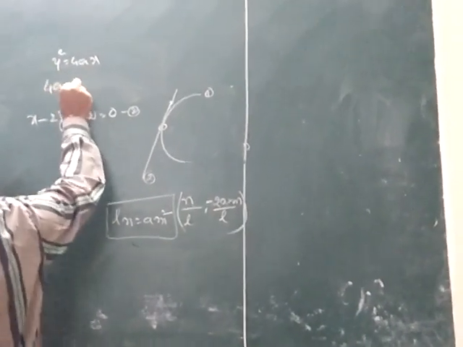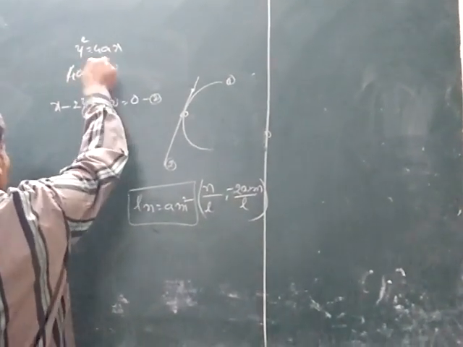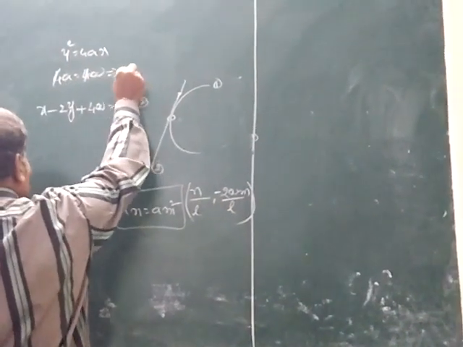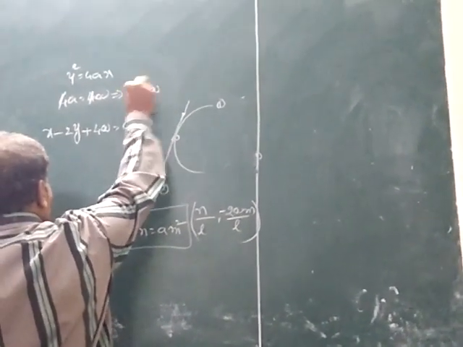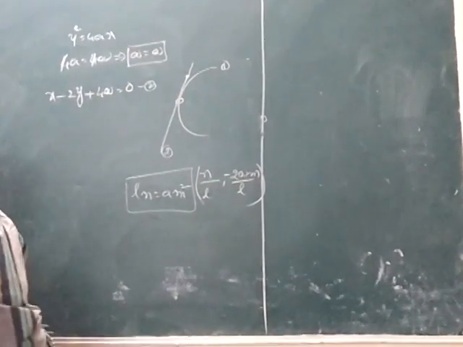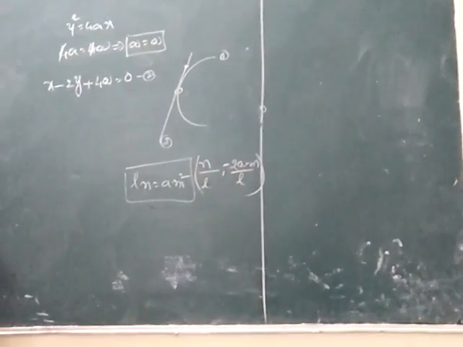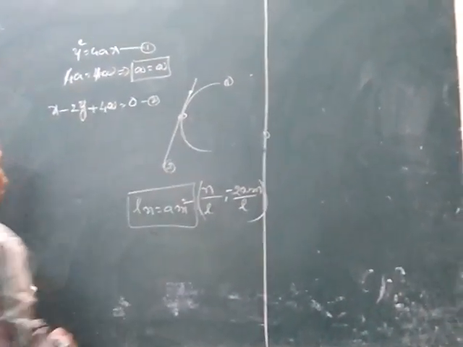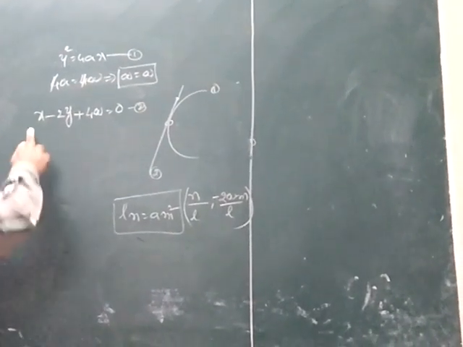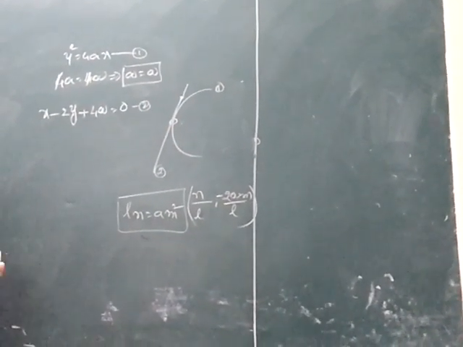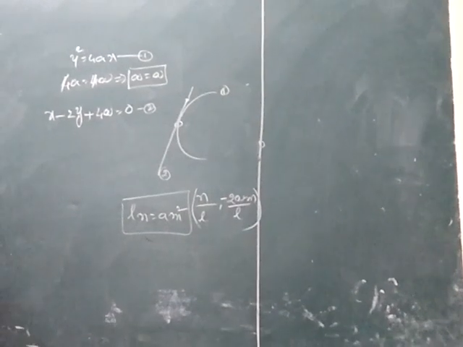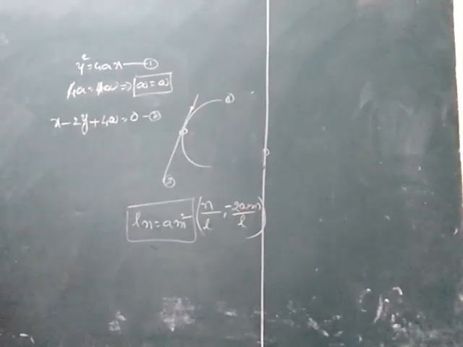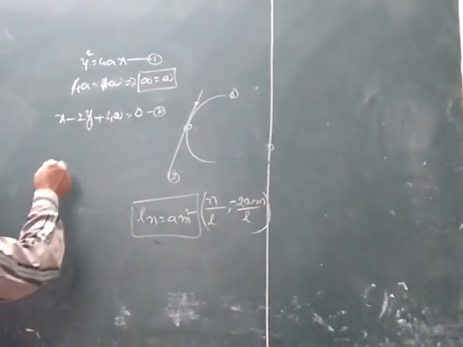4a equal to 4a. 4 cancel. A value a. Given line is x minus 2y plus 4a equal to 0.